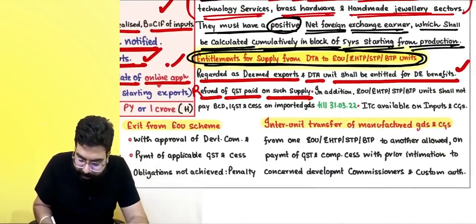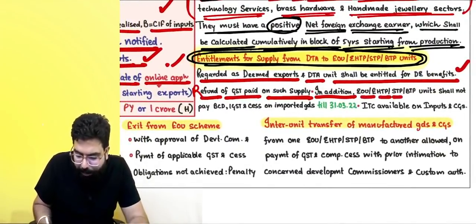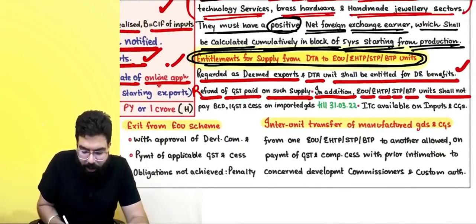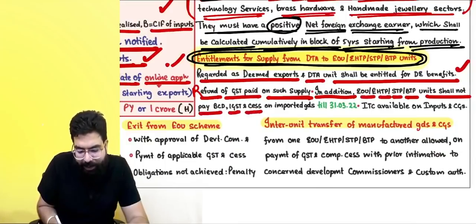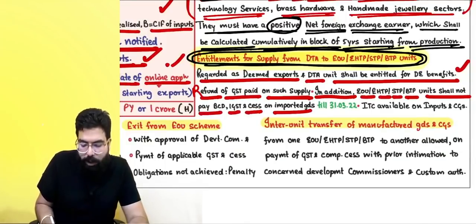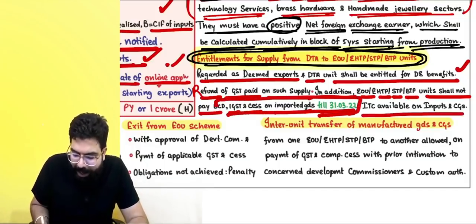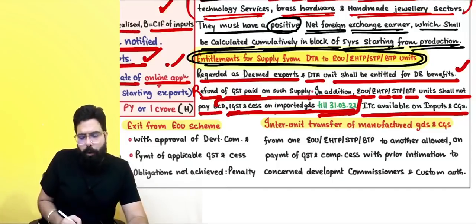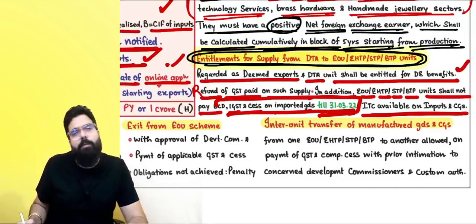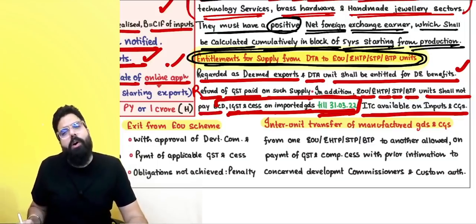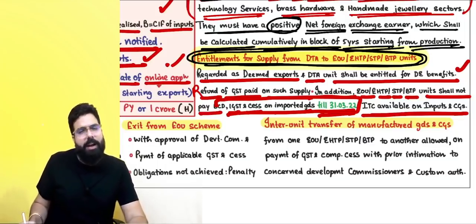Sir, in addition to this, EOU, ESTP, STP, etc., shall not pay basic custom duty, IGST, GST compensation cess on import till 31st March. IGST and GST compensation cess is also exempted. ITC is available on imports and capital goods; if they have paid any GST on their inputs and capital goods, that is available to them.